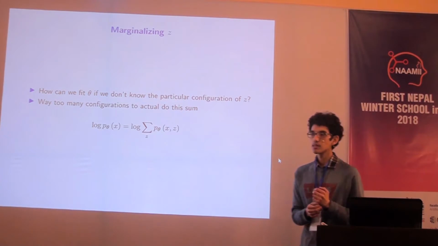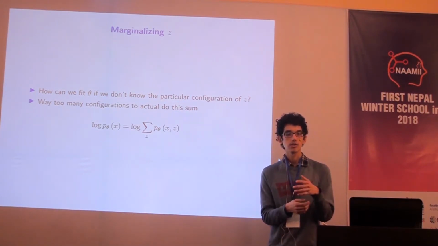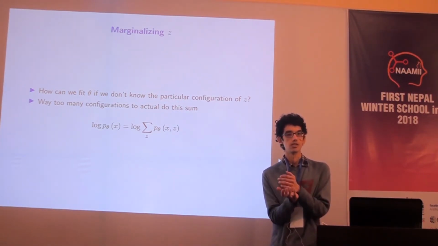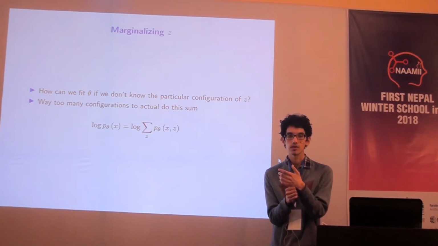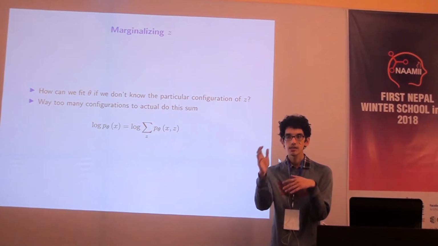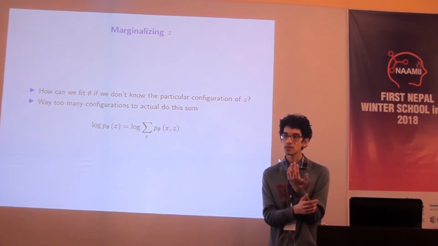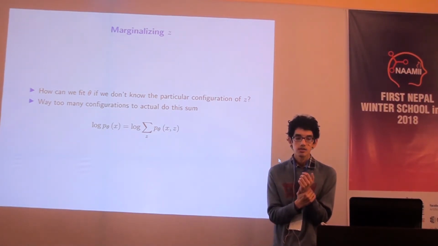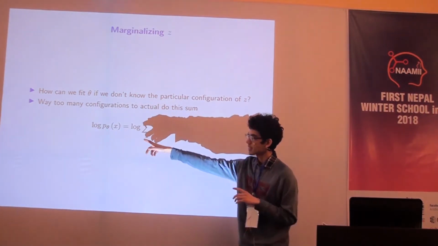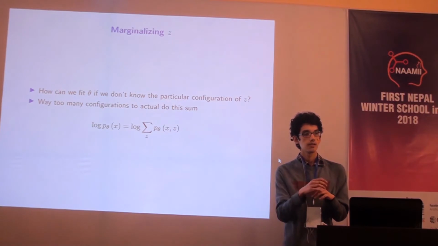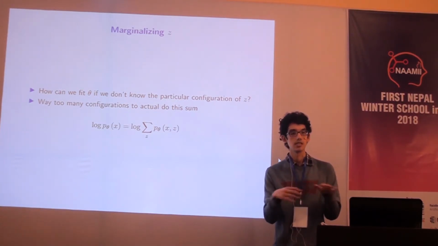So what do you have to do? You would imagine having to consider all the possible configurations of the z's, and then you'd have to update your means, factoring in the likelihood of each of these different configurations, right? So that's what this formula is saying. P theta of x is the likelihood of the data if I didn't see the assignments.